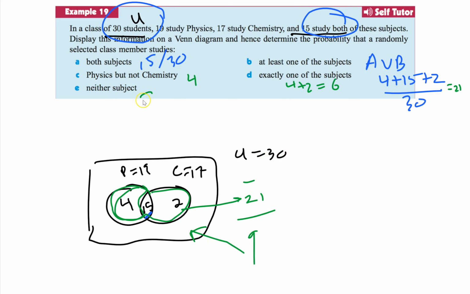And that's always how you find neither. Sorry, I said that wrong. The universe equals the union plus the neither. So once you have the union and the universe, you can figure out the neither. Or if you have the universe and the neither, you can figure out what the union is.